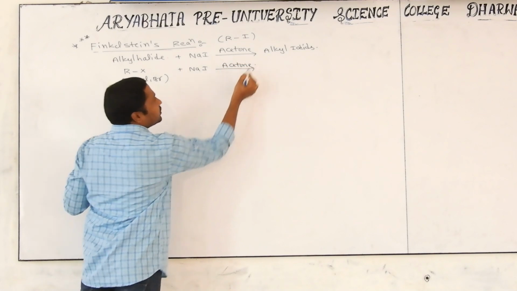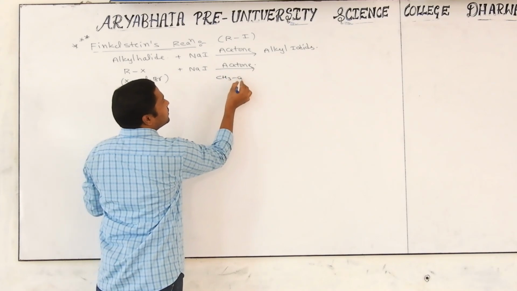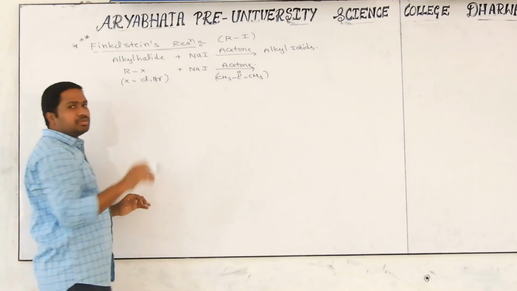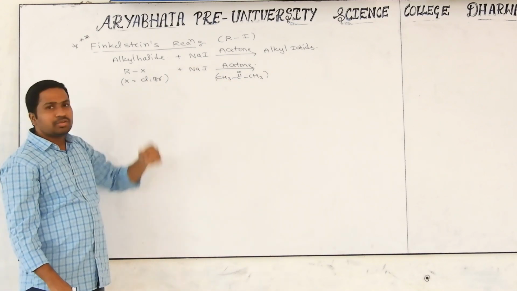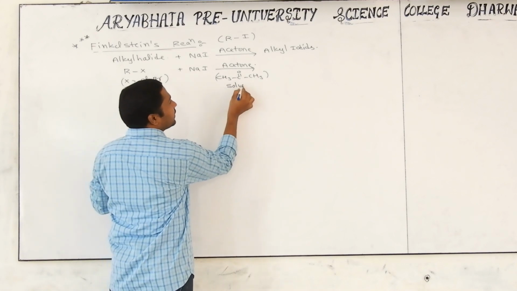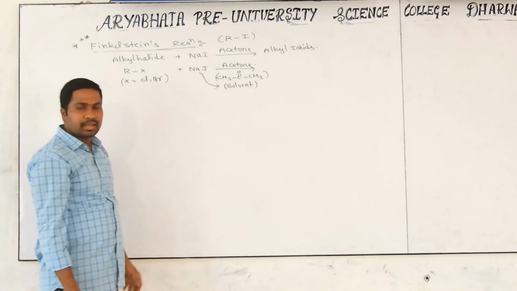What is the formula of acetone? You know, propanone: CH3, C double bond O, CH3. Now see very carefully, what is the importance of acetone here? Acetone is acting as a solvent to dissolve which chemical? To dissolve NaI. Why?